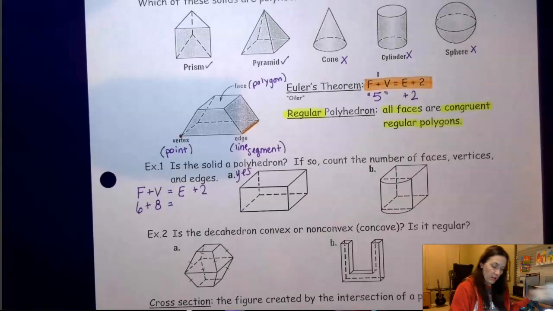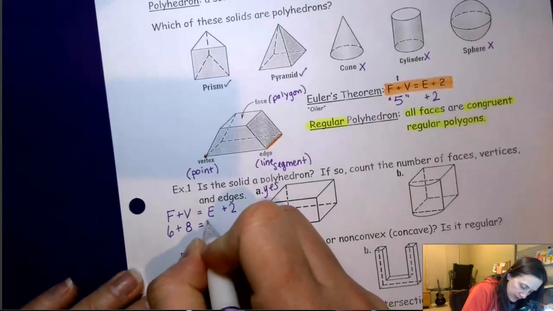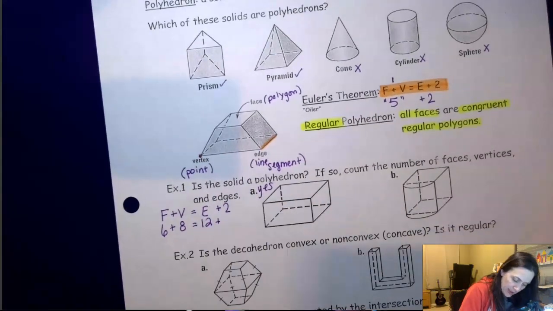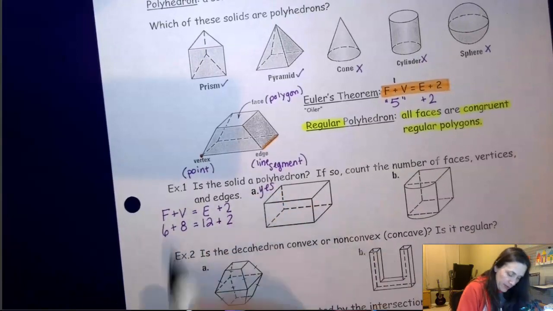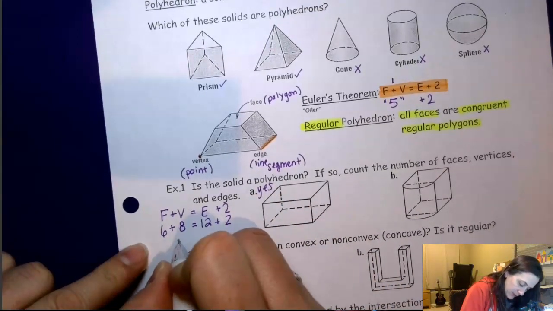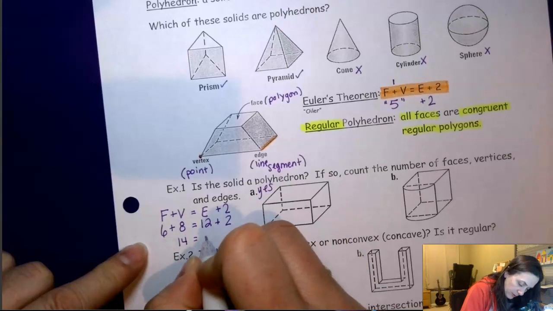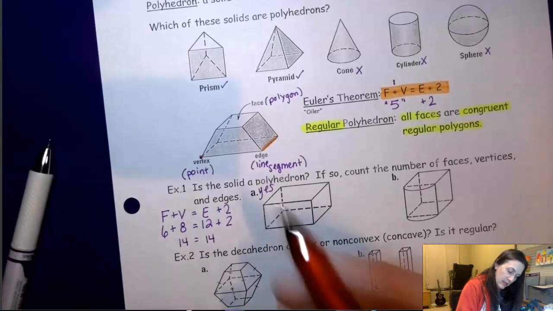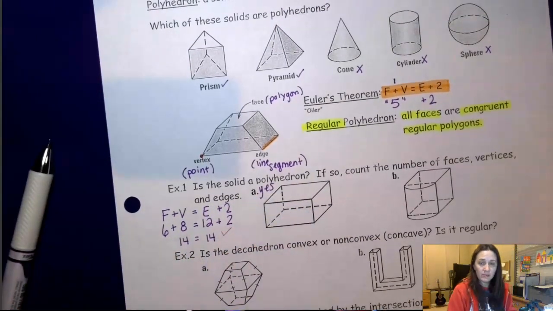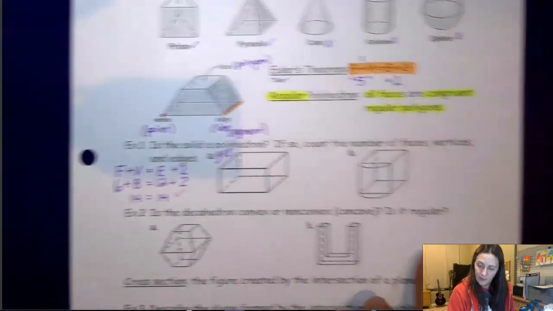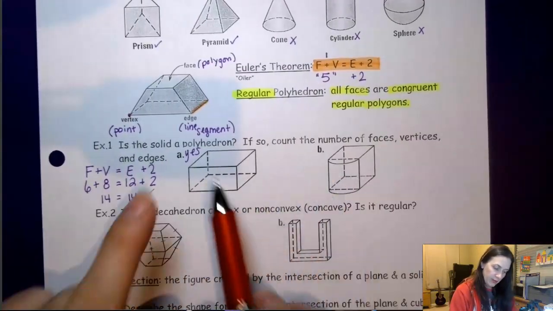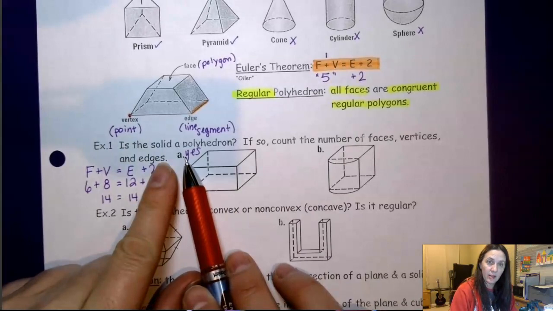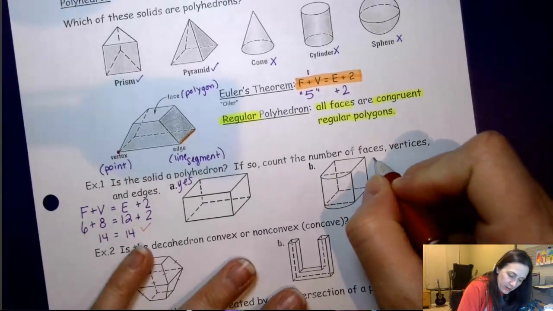So right here I have 12 edges plus that obligatory 2 out here. 6 plus 8 is 14, equals 12 plus 2, which is 14. So check, that formula worked. Here's a polyhedron, and there we go. Now over here, first decide, is it a solid? Is the solid a polyhedron? And no, this one is not.